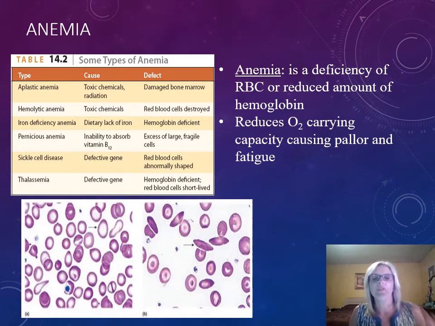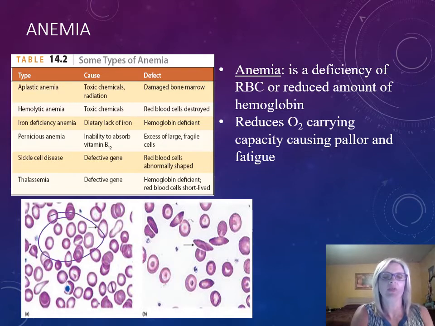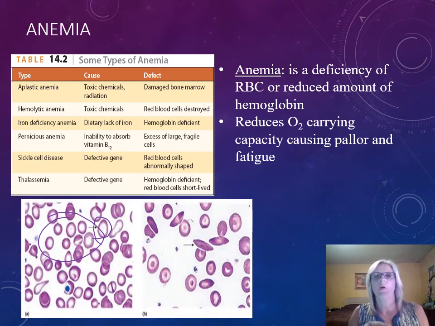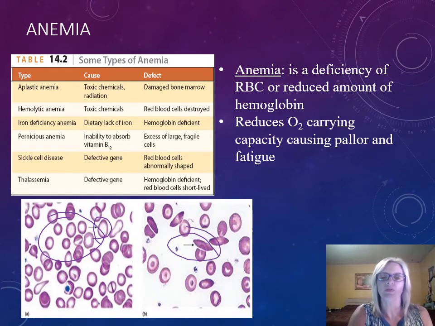In B you can see you have actually sickled erythrocytes, and there's an arrow pointing to this one. I think I said right, I meant on the left. Those are the ones that are pale. They have pallor. And then this one is sickled, so sickle cell anemia.